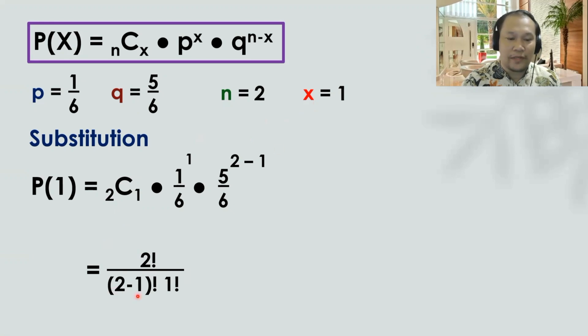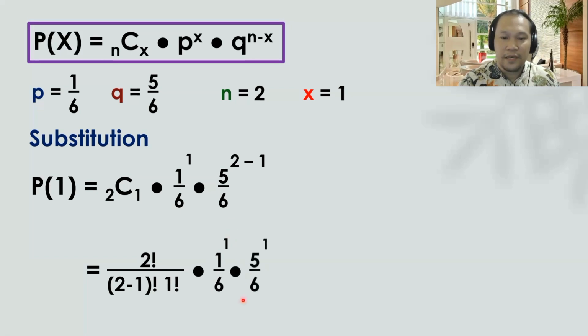We have 2 minus 1, open and close parenthesis, factorial, and then we do have the x, which is x factorial, and that is 1 factorial. Multiplied to 1/6 raised to 1 times 5 over 6 raised to 1. Why? Because 2 minus 1 is equal to 1.